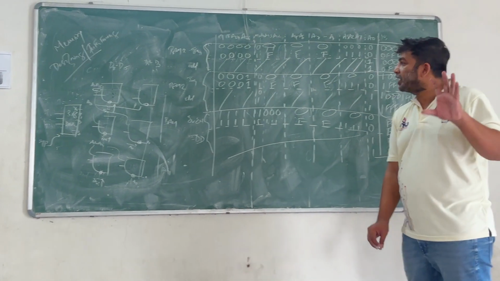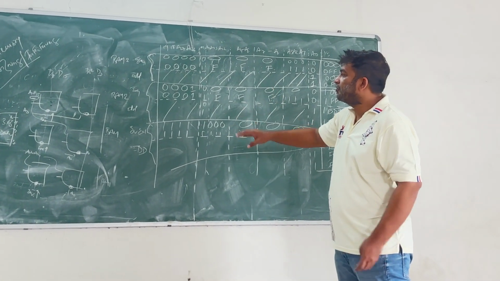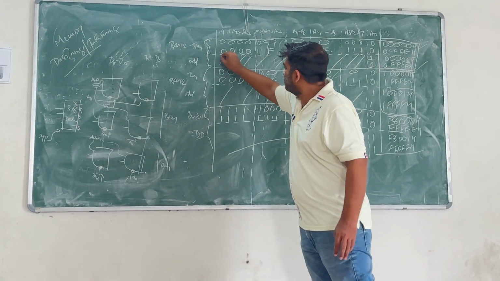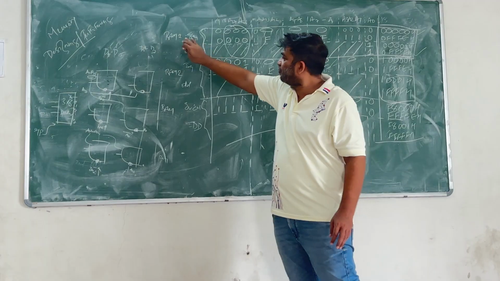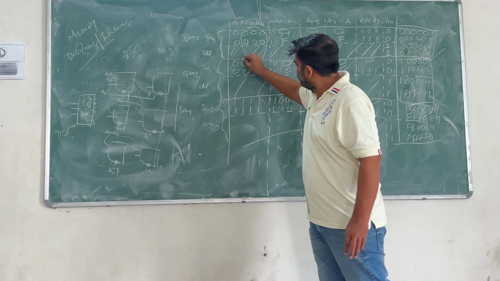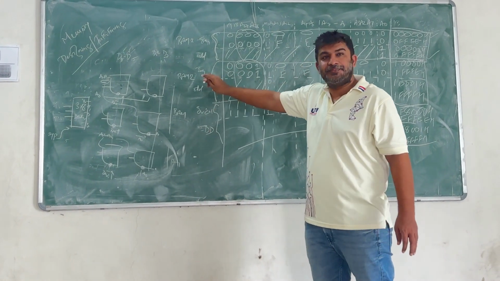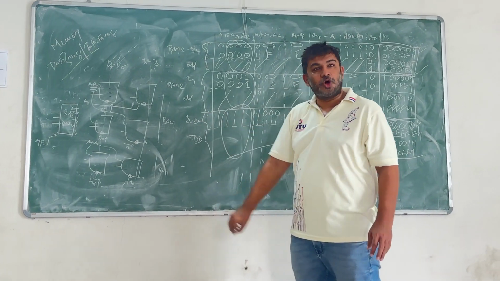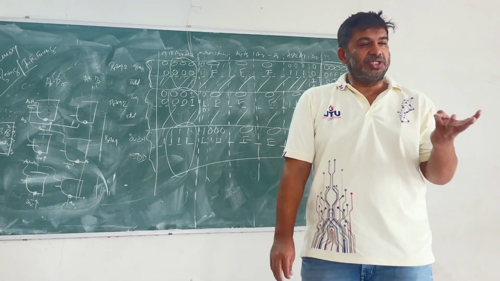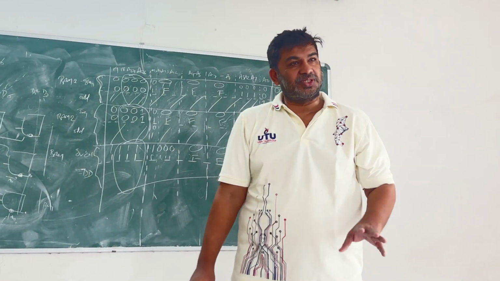0 0 0 is totally the same for RAM 1, 0 0 1 is the same for RAM 2, and 1 1 1 will remain the same for ROM. So if I choose these three lines, they give me three different options easily.